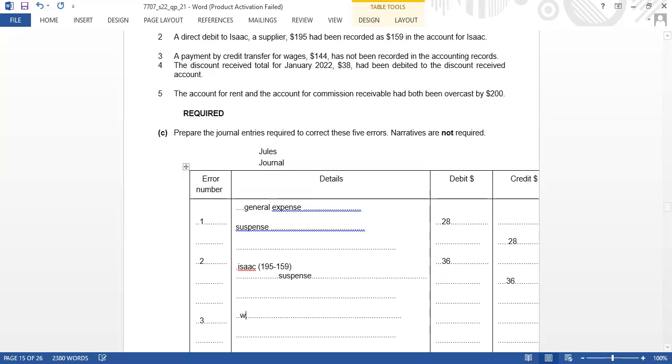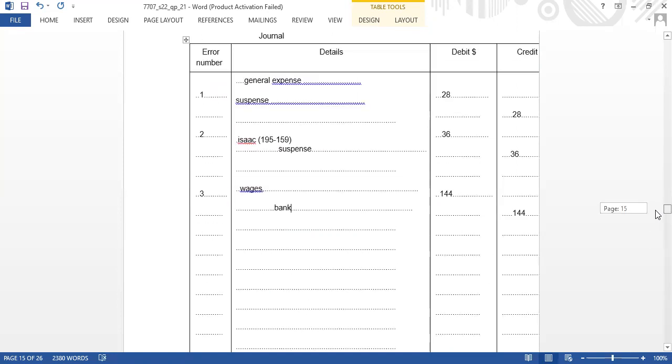So wages, a payment of credit transfer for wages 144. Then we have error 4, the discount received total for January 2022, 38 had been debited to the discount received account. Okay.